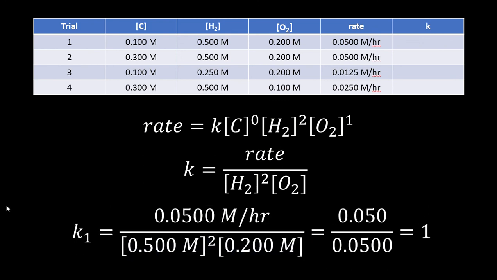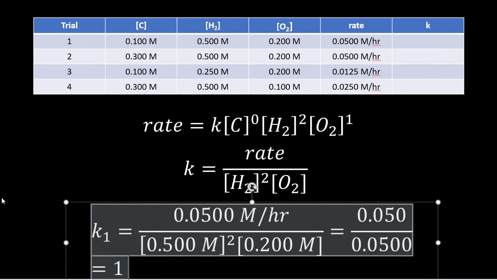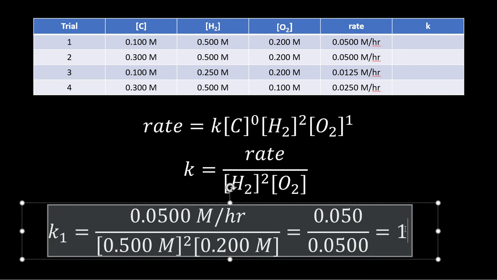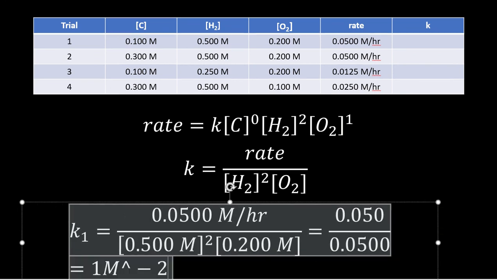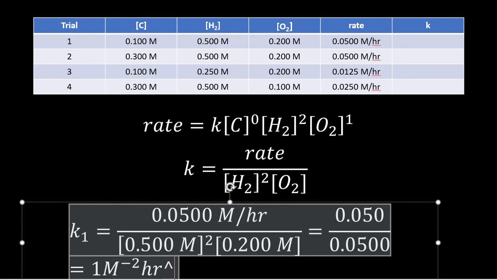So that is going to be molars per hour divided by molars cubed, or essentially inverse molars raised to the -2nd power multiplied by hours raised to the -1st power.